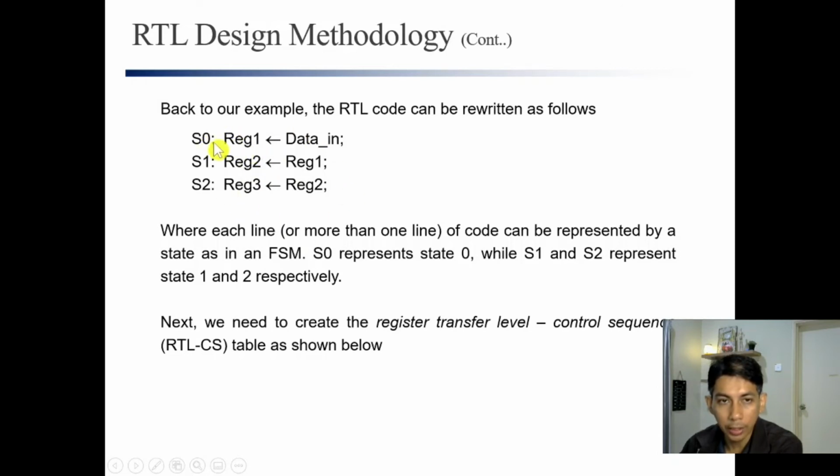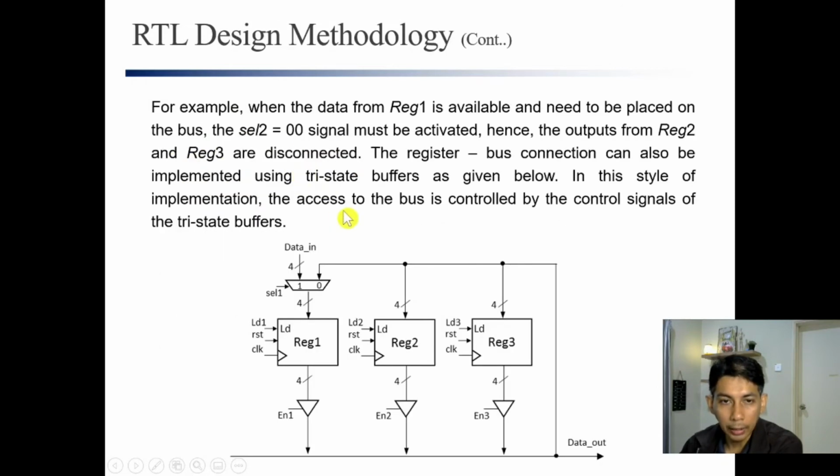For example, in state 0, in order to do that, we need to set the control signal here at the correct time, right? So to move the data here to this register, you need to set this signal to 1 such that the data here can go through this multiplexer and go to rack 1.